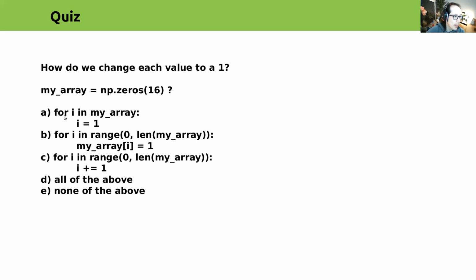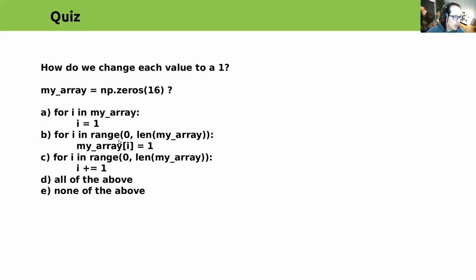The data here is being used as the source for creating I. So you can think of I as, in some sense, a copy of the elements inside here. So changing I is not actually going to affect the source material here. Changing I is only going to have the effect of changing I for that iteration, and it's not going to do anything to the original array. So A is not correct.